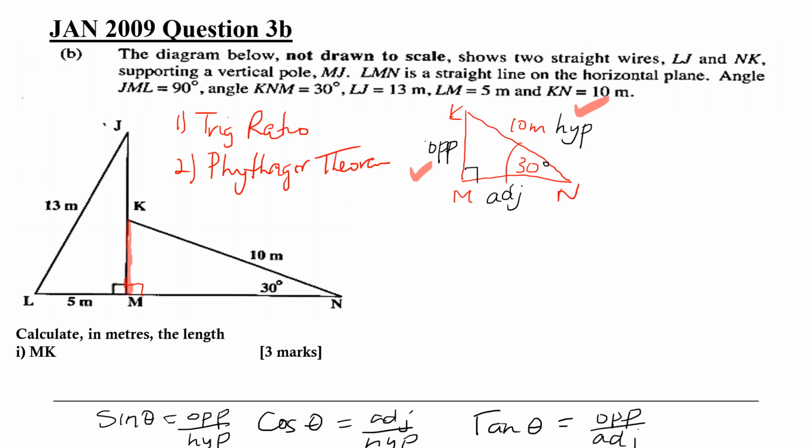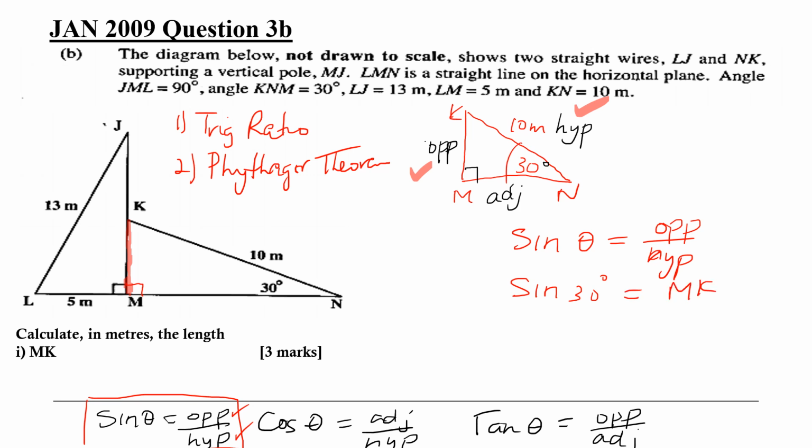Okay, so we're going to use the sine rule because we have the opposite and the hypotenuse. So let's write that down. Sine theta, opposite over hypotenuse. Our angle is 30 degrees. Our opposite, that's what we're trying to find, MK over the hypotenuse 10.